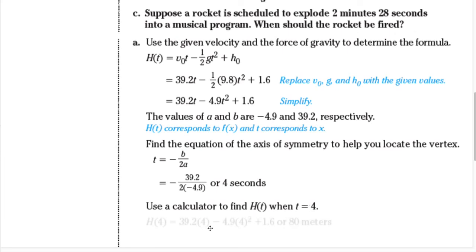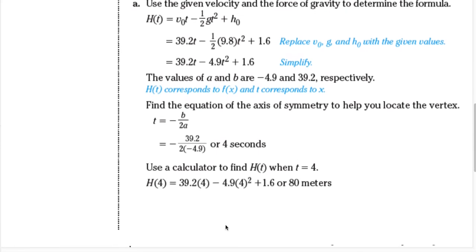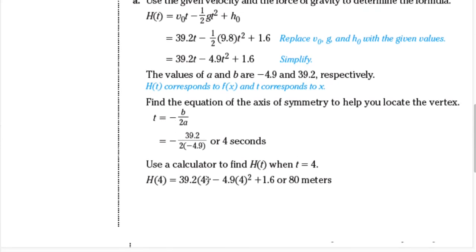We end up with h(4) = 39.2 times 4 minus 4.9 times 4 squared plus 1.6, or 80 meters. So when we substitute t into our original equation, we end up with 80 meters. Our vertex, when t is equal to 4, would be (4, 80). So at 4 seconds, the height of the rocket would be 80 meters.